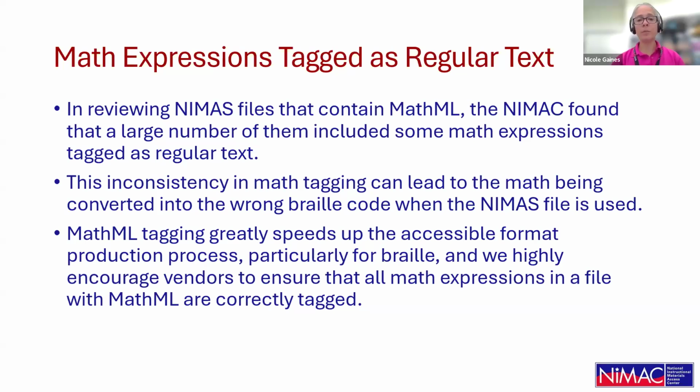We are aware that simple math is very easy to supply as regular text in a file and in source material. However, in order to ensure that the correct Braille codes are used when the NIMAS file is converted, it's really important that all math, even simple math, be tagged as MathML. So if you have any questions about that, please feel free to reach out.